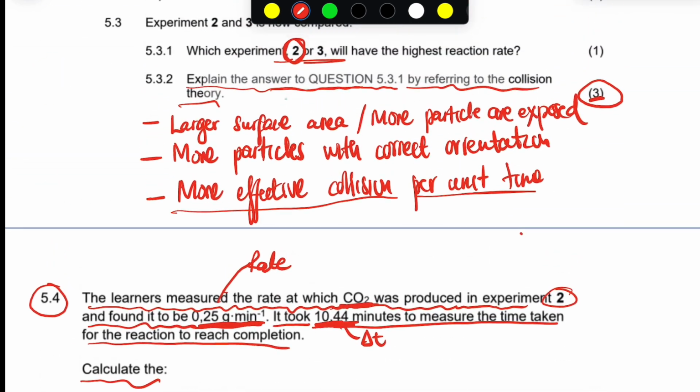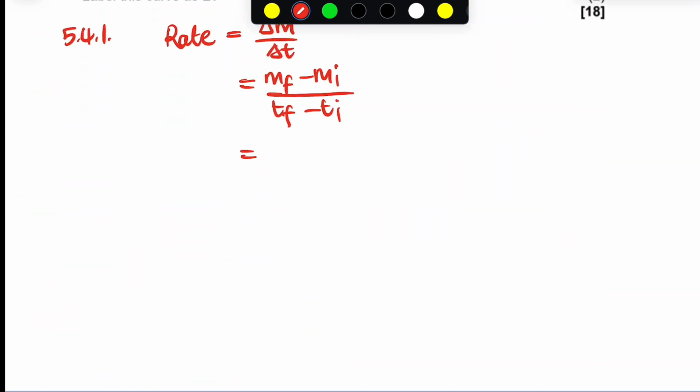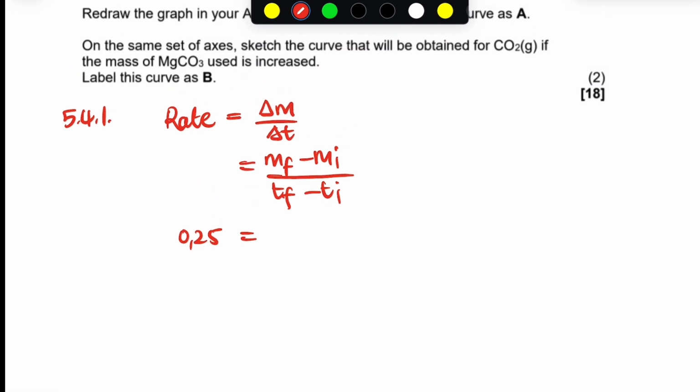The rate is 0.25 gram per minute. Remember that we're looking for the final mass. The initial mass at t equals 0 was 0, so we are looking for the final mass.